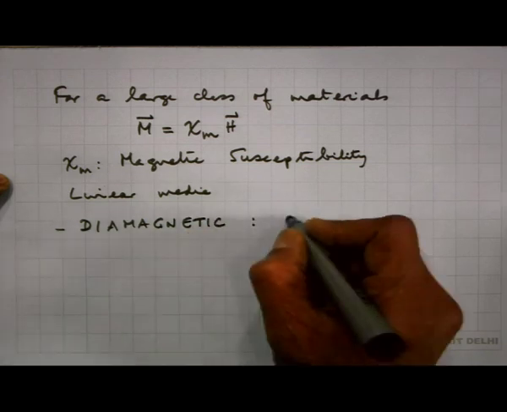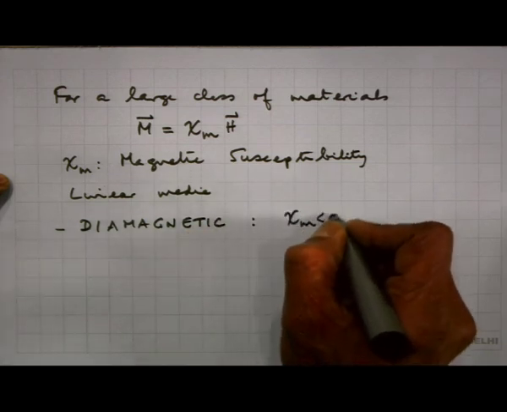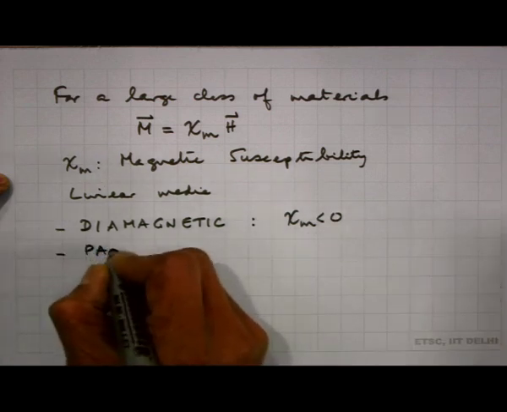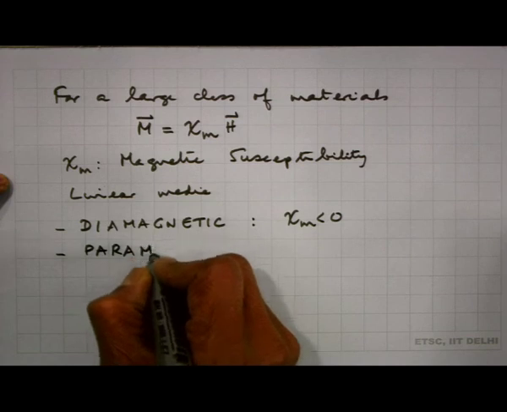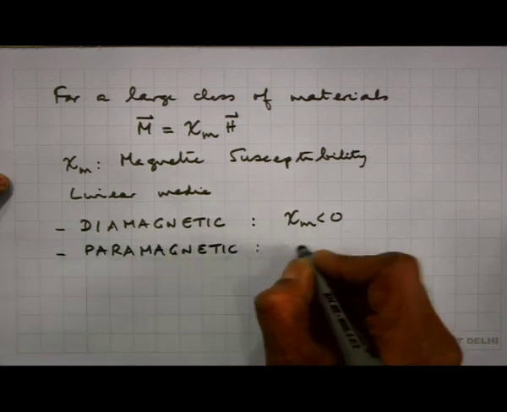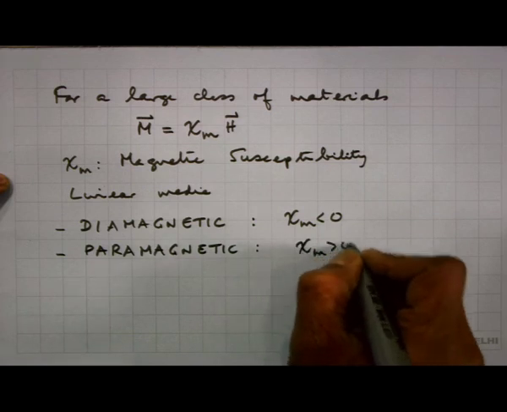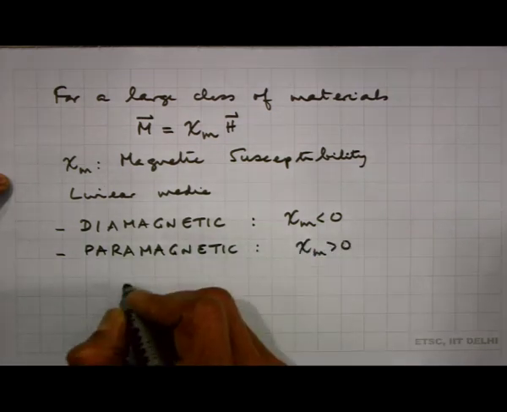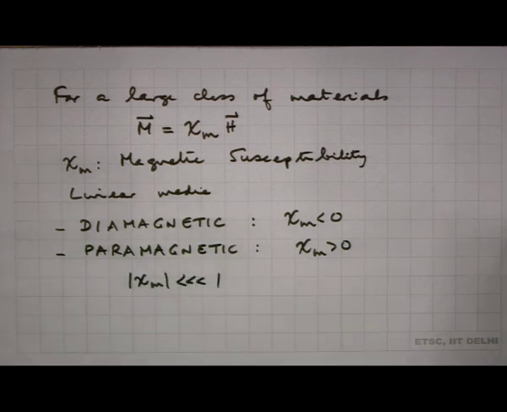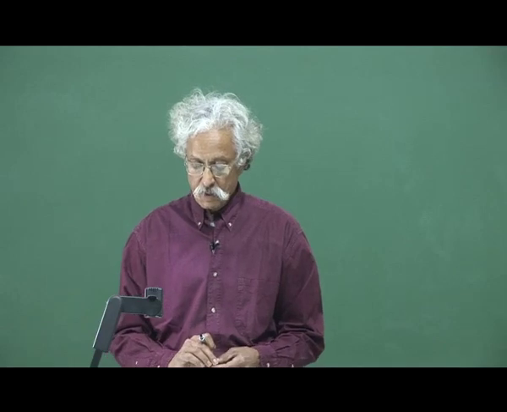Diamagnetic materials have a chi m which is less than 0, and paramagnetic materials have chi m greater than 0, and in both these materials the value of chi m is much less than 1. In both diamagnetic and paramagnetic materials, this value of susceptibility is very small compared to 1.